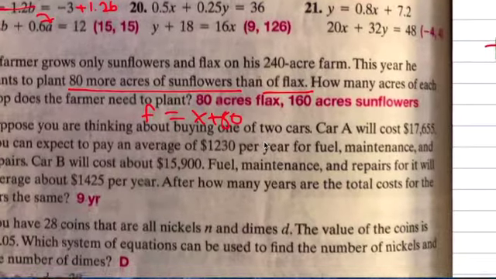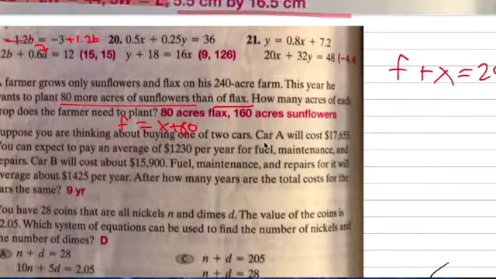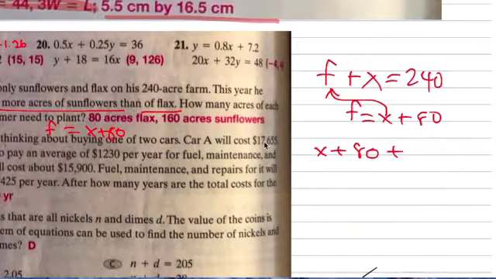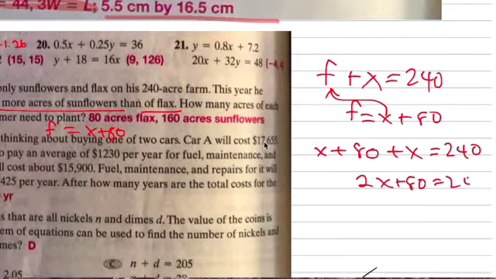Okay, and then, well, one of them is F equals X plus 80. So substitute it in. Okay, so you would get X plus 80 plus X equals 240. 2X plus 80 equals 240.